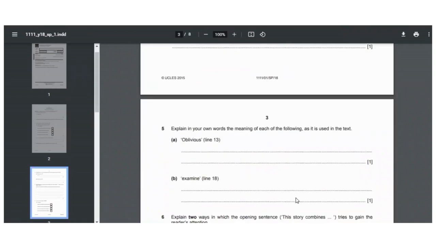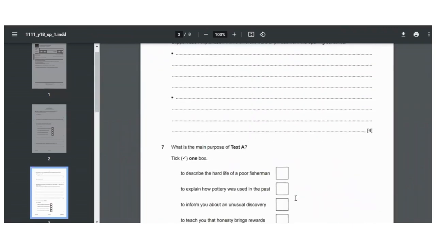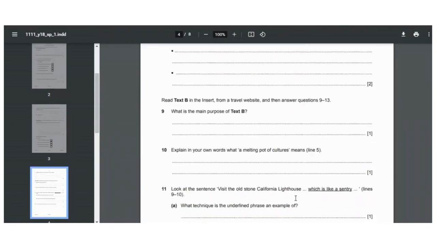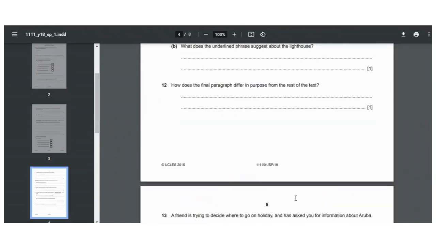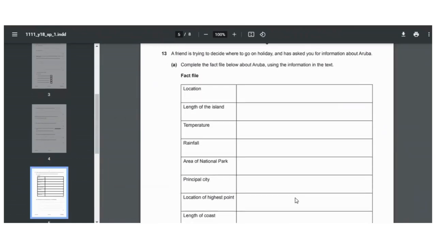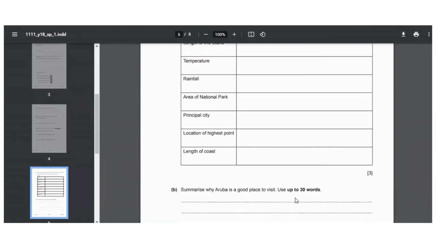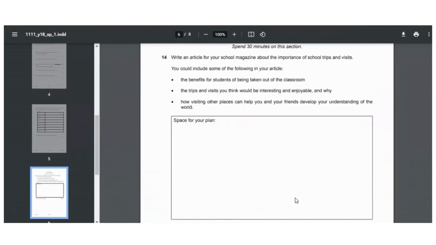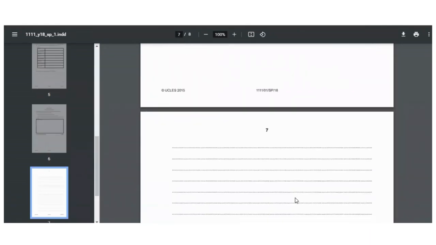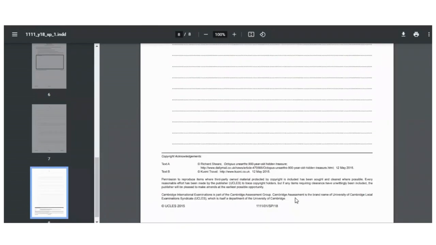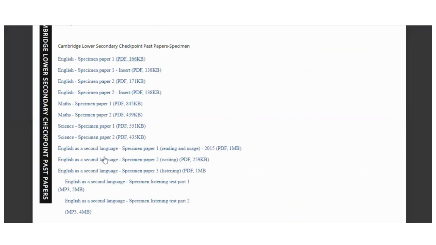So you can see that, of course, going from primary papers to secondary papers, as you expect, the questions are more complicated, longer, and more analytical, and the student has to read more and understand more, and of course they are expected to do more in the writing area as well, right?